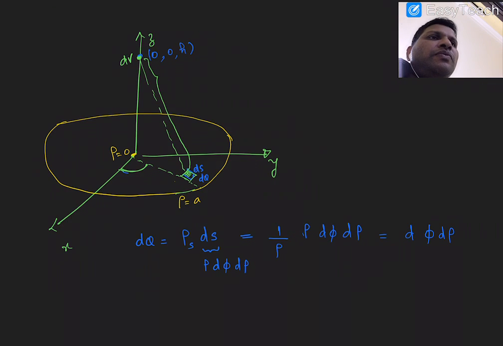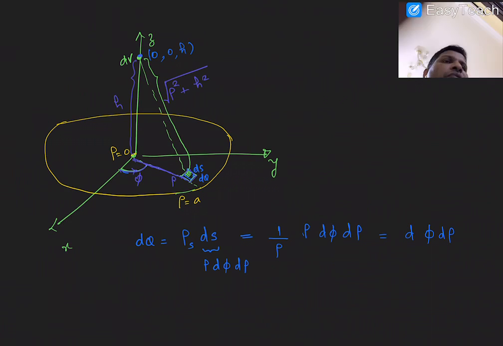The distance from the origin to this point is rho, and the angle is phi. Okay, now you see the distance is rho and the height is h. So the distance from ds to the point 0, 0, h is given as rho square plus h square, and you have to take the square root of it. So that will give you the distance.